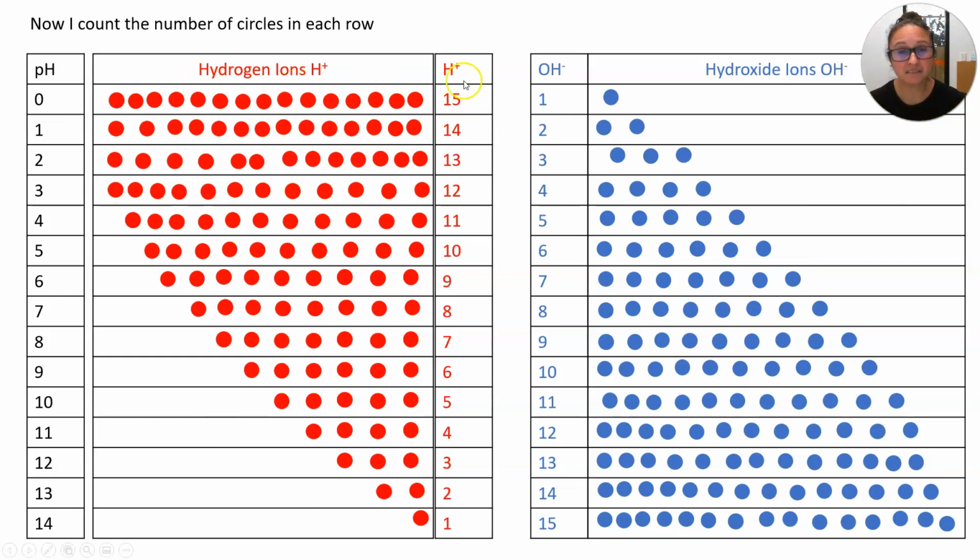So up here we have 15, and down here we have 1. Up here we have 1, and down here we have 15. So they are in reverse of each other. And they only kind of match when you get to pH of 7. Okay? Otherwise, they're in reverse.